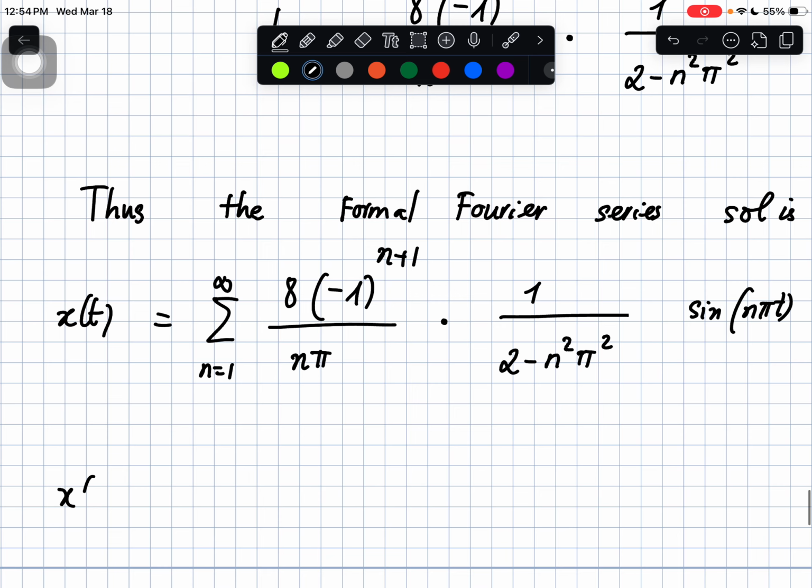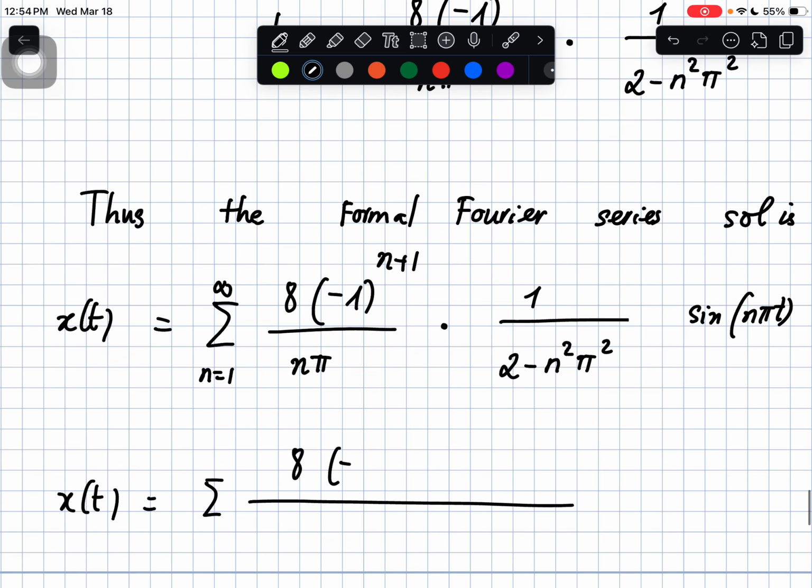We can write it a bit nicer: 8 times (minus 1) to the n plus 1 over n pi times (2 minus n squared pi squared), times sine n pi t.